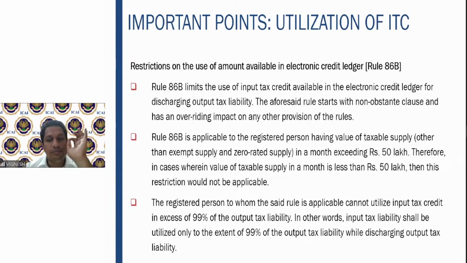In excess of 99% of the output tax liability, you cannot adjust the input tax credit. That means 1% of the gross output tax liability you have to pay by way of cash, because you cannot adjust input tax credit even though it is available. So the condition is that the value of supply exceeds rupees 50 lakhs. Fine. This is the rule which is applicable.